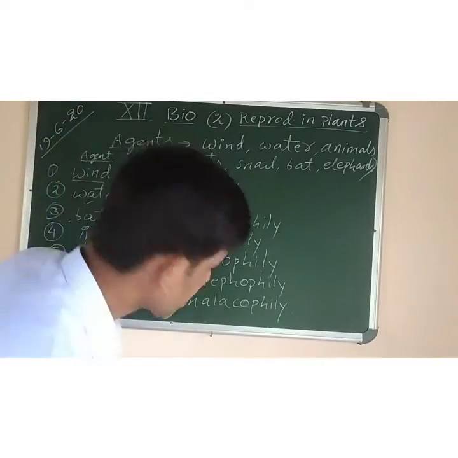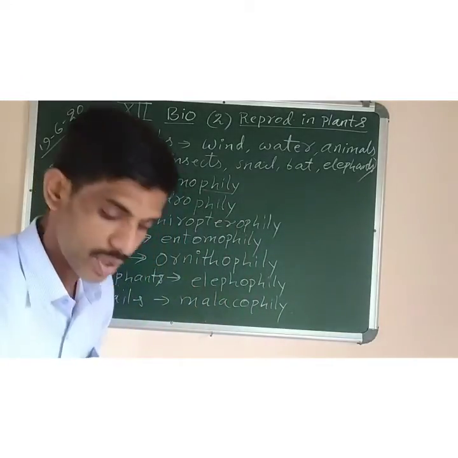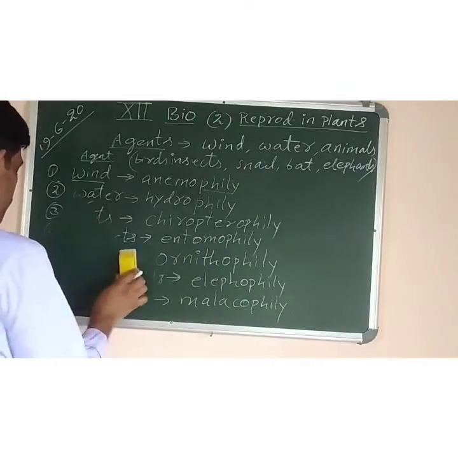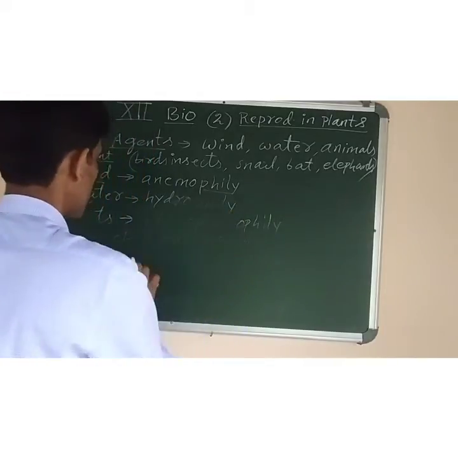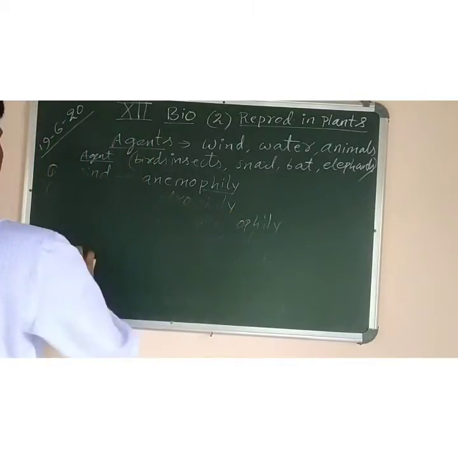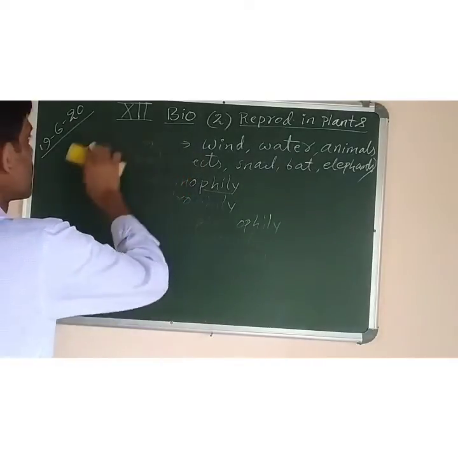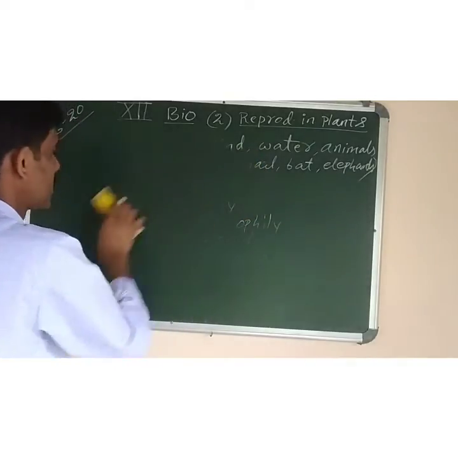Now we will study the next topic, that is advantages and disadvantages of cross-pollination. So let's do that. You know what is the benefit of self and cross-pollination? Both you have to study. So what you do is, in your copy you can write the advantages and disadvantages of both self-pollination as well as cross-pollination.